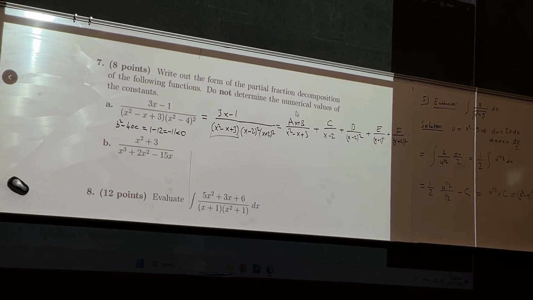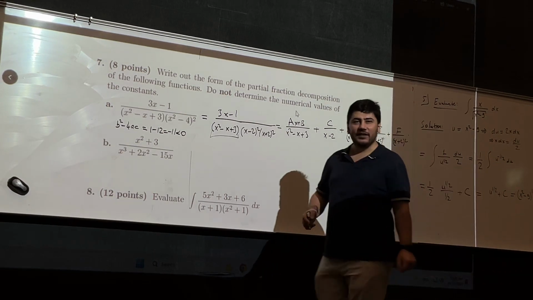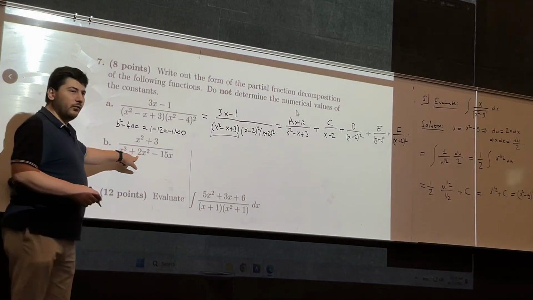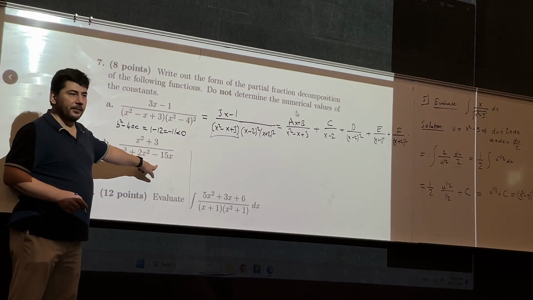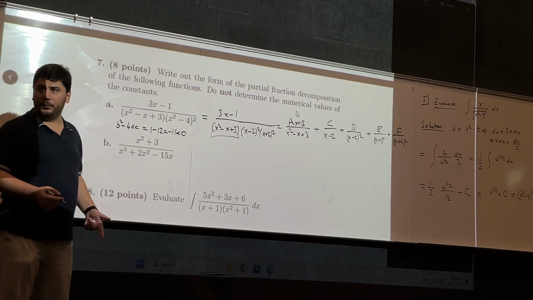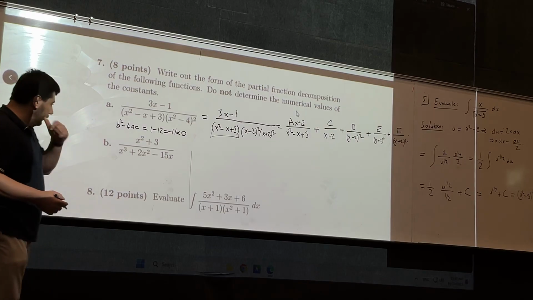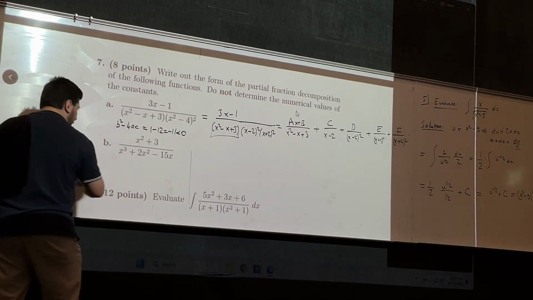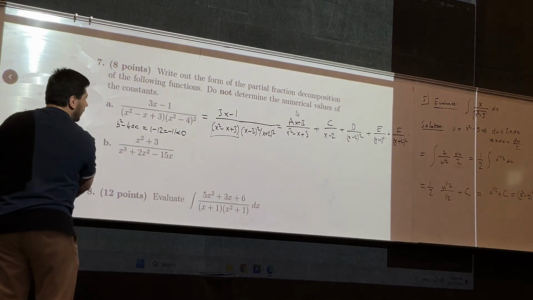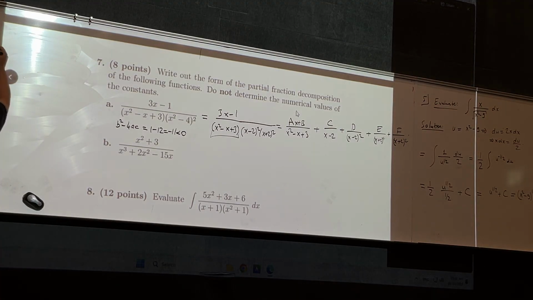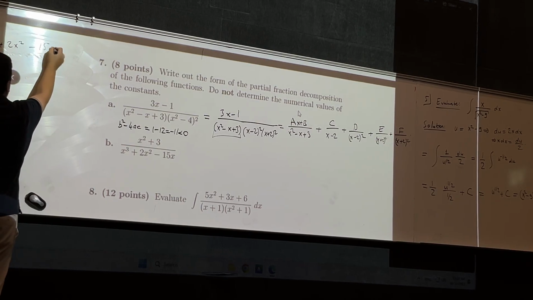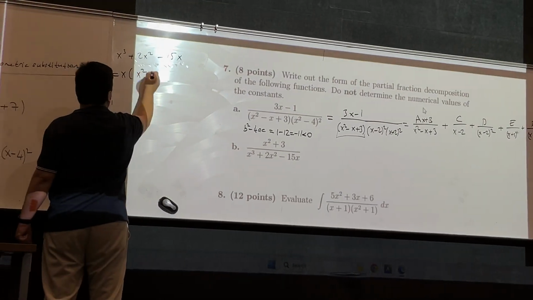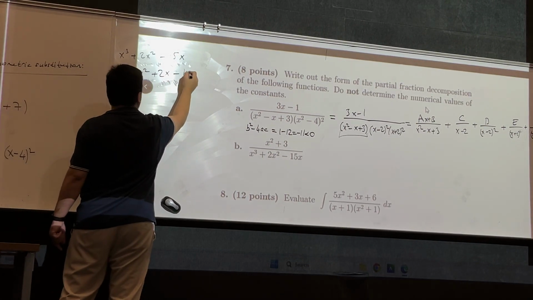Okay. How about the second one? Can we factorize this? Yes. We can, right? Because b squared is 4, minus 4ac is 60, so this is 64, which is bigger than 0. So we can factorize. How do we factorize this? Take an x out. Perfect. We start with taking x out. So I'm going to do it here. x cubed plus 2x squared minus 15x is equal to x times x squared plus 2x minus 15.